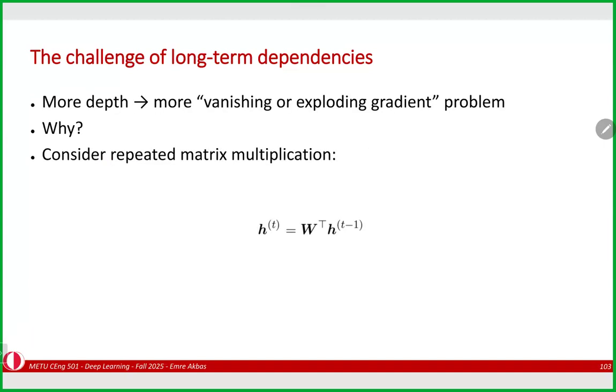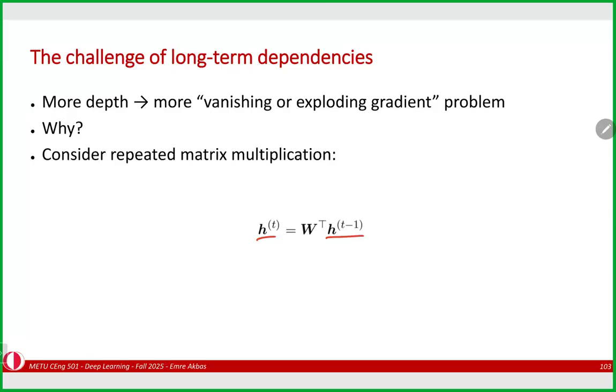So consider the relation between the previous hidden state and the current hidden state. We get the current hidden state from the previous one by just a matrix multiplication. Of course, there's a nonlinearity as well. But for ease of illustration, we are just dropping it here.